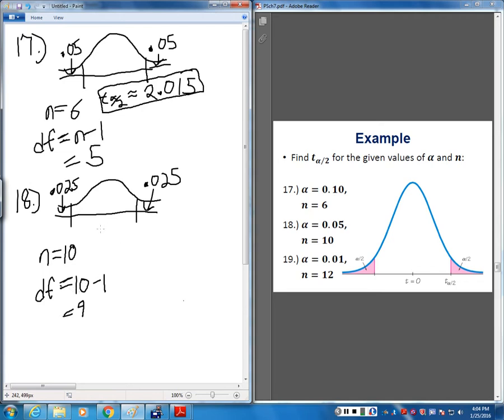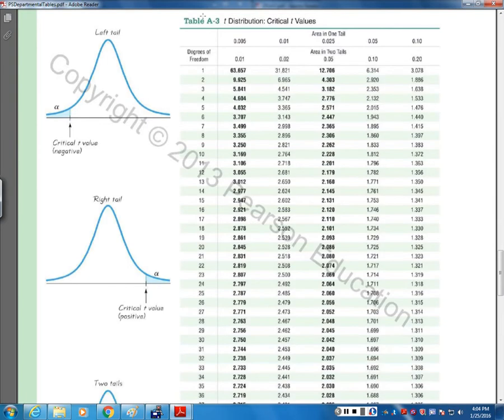Again, I'm looking for the t-score, t sub alpha over 2, on the right-hand side of this distribution. Alright, if I go back to the table, the degrees of freedom are 9 this time. And the total area in both tails, so area in two tails, would be 0.05. That's the middle column.